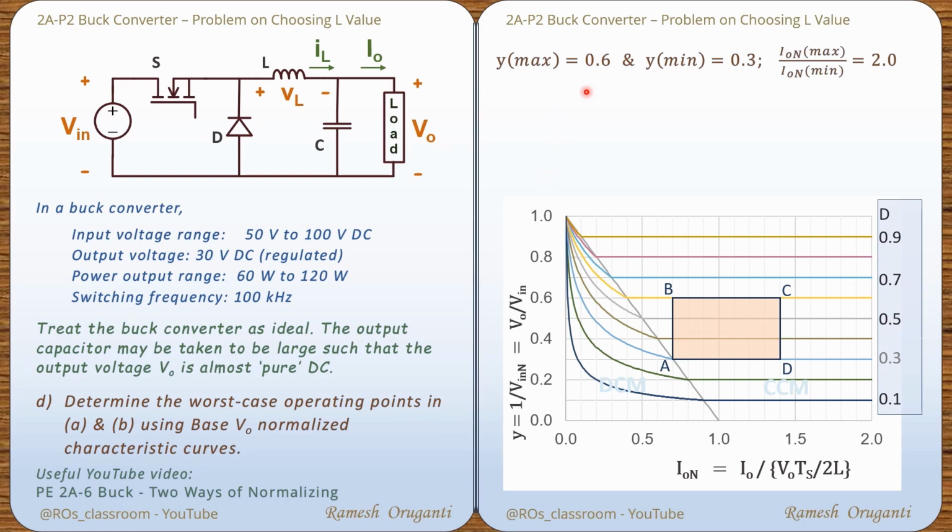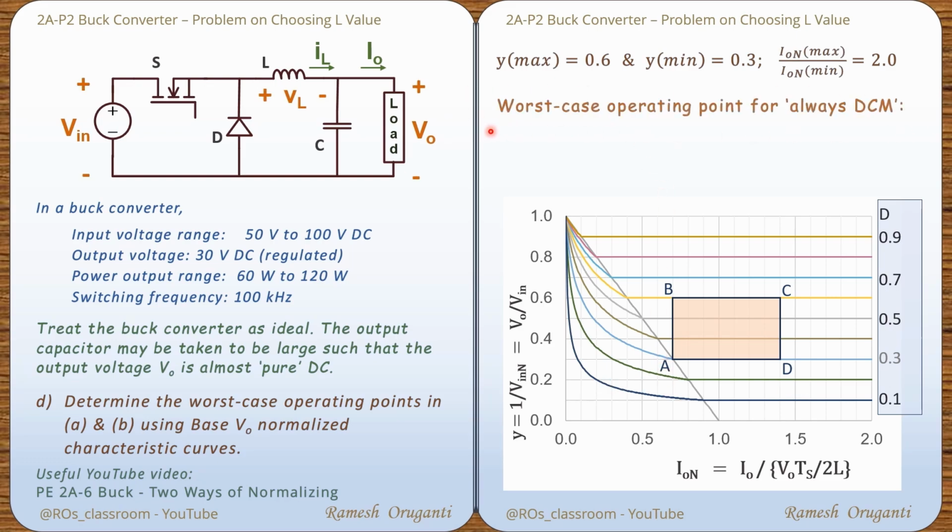Again, Y max is 0.6, Y minimum is 0.3, ION max by ION minimum equal to 2. The rectangle ABCD shows the operating region for our CCM design. We are now going to find the worst case operating point for operation in DCM always.